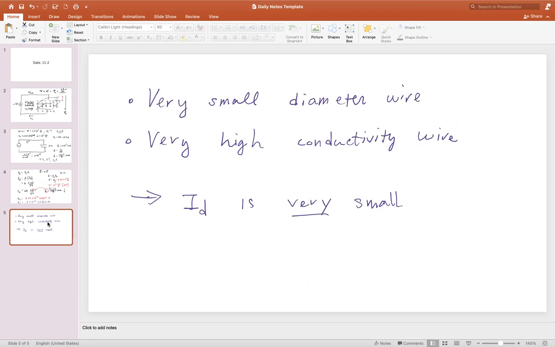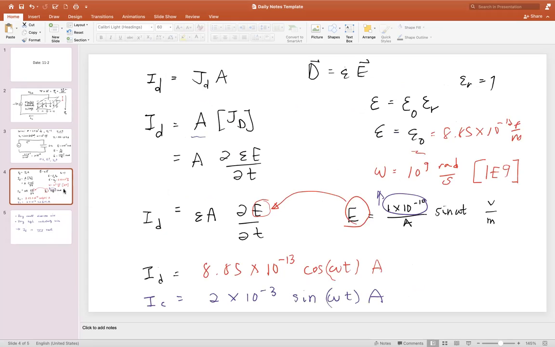You're going to be using small diameter wire, highly conductive wire, and you'll just be able to assume that this displacement current is a very, very small number and is not going to affect your problem very much.